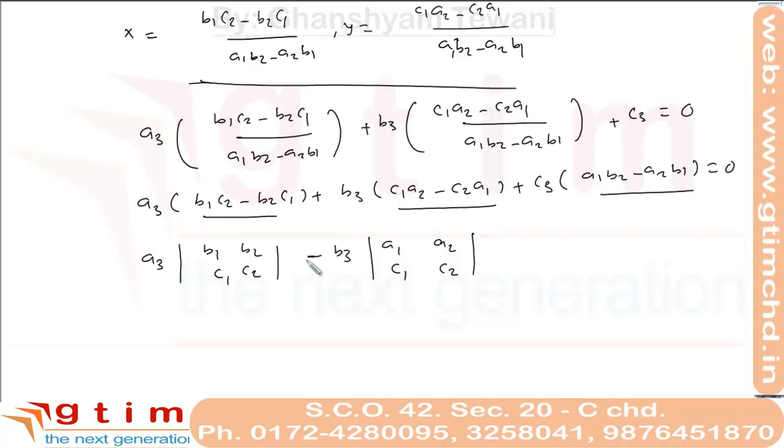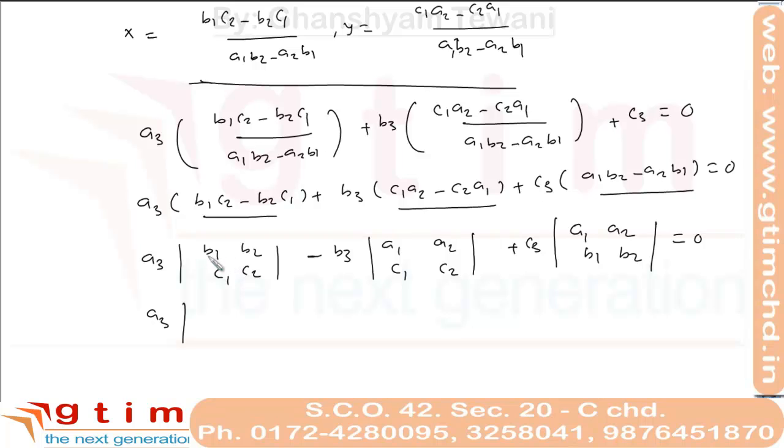Plus c3 times a1 b2 minus a2 b1 is equal to 0.